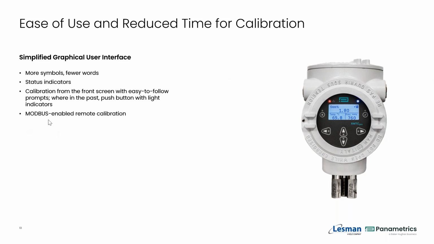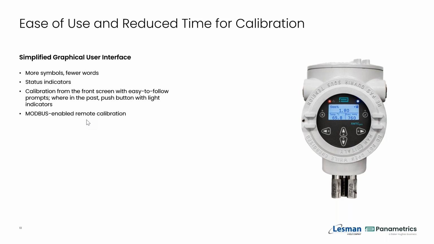Finishing up on the slide, the Modbus enabled remote calibration is a feature that's especially useful if you want to set up solenoid valves and do an auto calibration. Being able to enable the system to go into a cal mode and then flow a zero gas and a span gas without you having to physically be there.